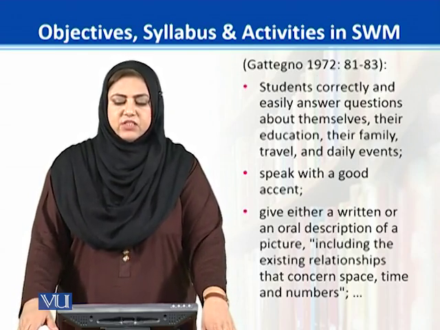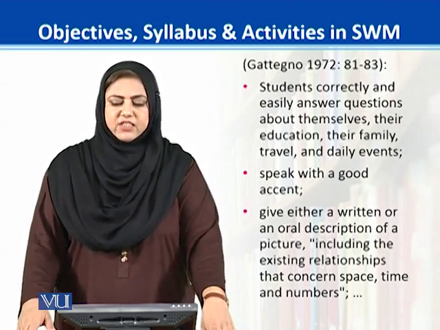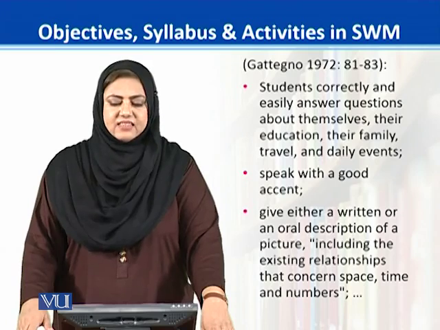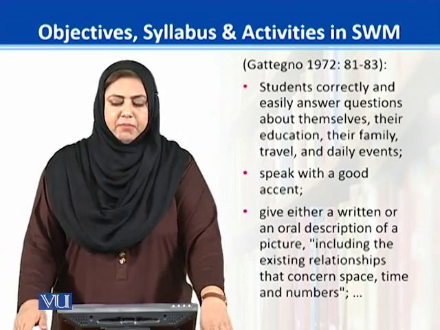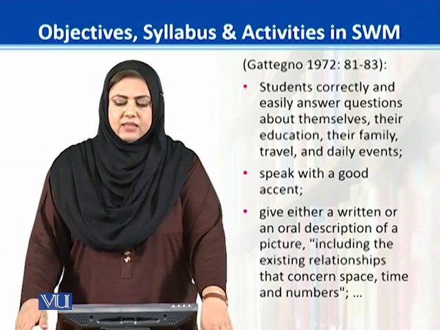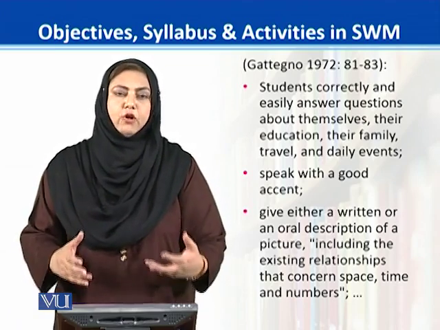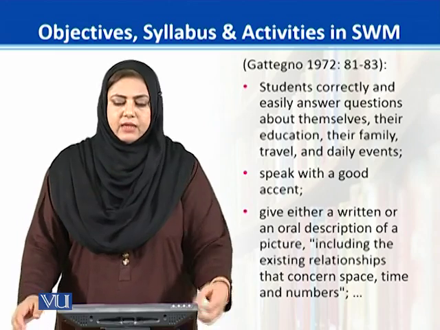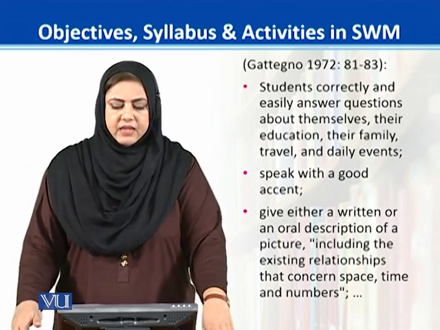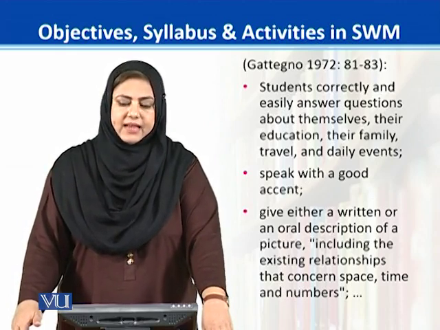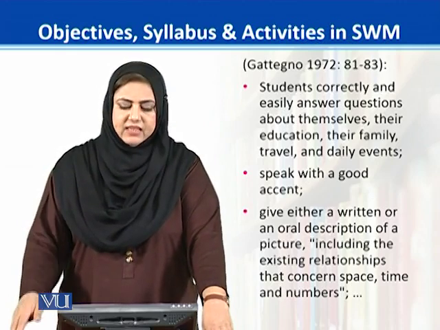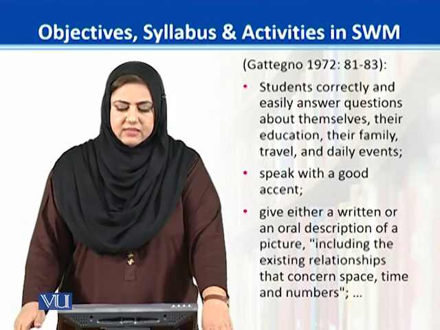Gattegno 1972 points out that students should correctly and easily answer questions about themselves, their education, their family, travel and other daily events. This should be the objective of a silent way teaching course. And according to him also, they should speak with a good accent, which means a native-like or near to the native accent.